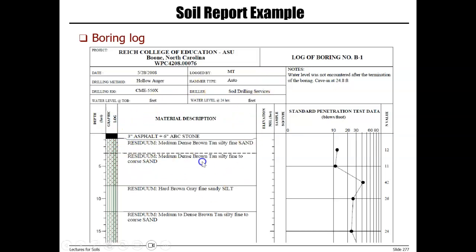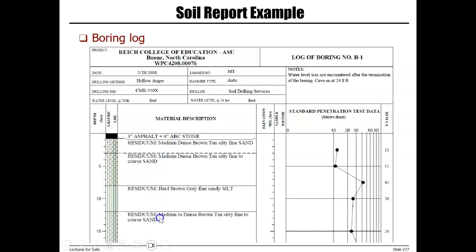Then here you see the information. So this is the depth from the surface. It goes deep. There is a graphic log, and then there is the material description. The first 3 inches were asphalt plus 6 inches of ABC stone.